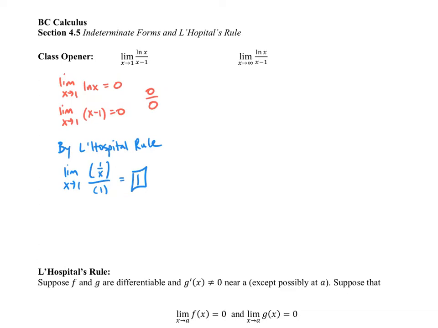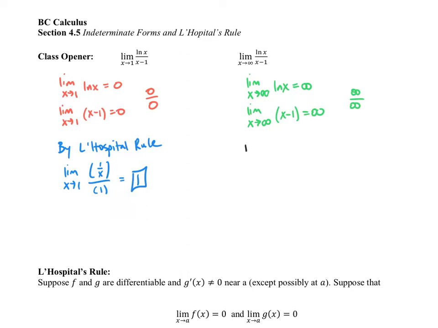With the second example, we have the limit as x goes to infinity of the numerator, which is infinity. And then we also have the limit as x goes to infinity of the denominator, which happens to be infinity. So in this case, we have infinity divided by infinity, which is another indeterminate form for limits that we had last year.